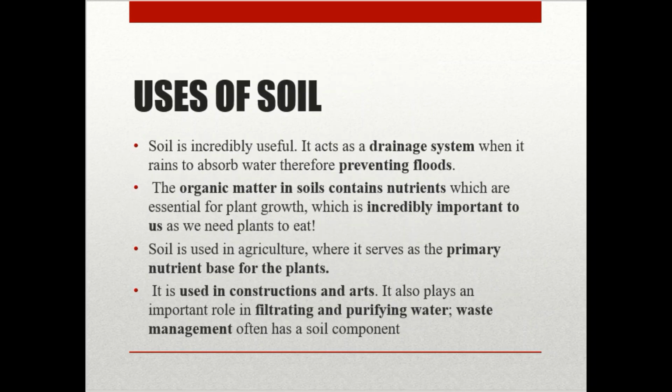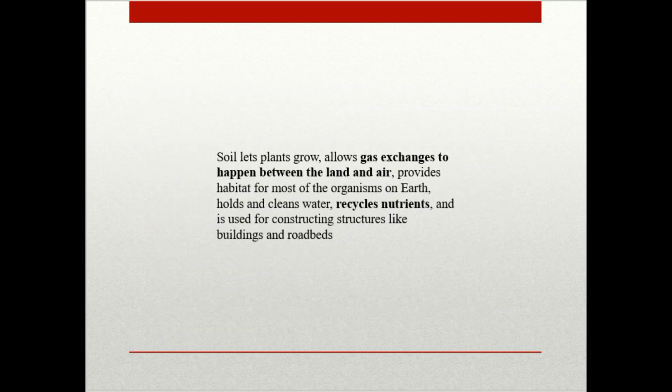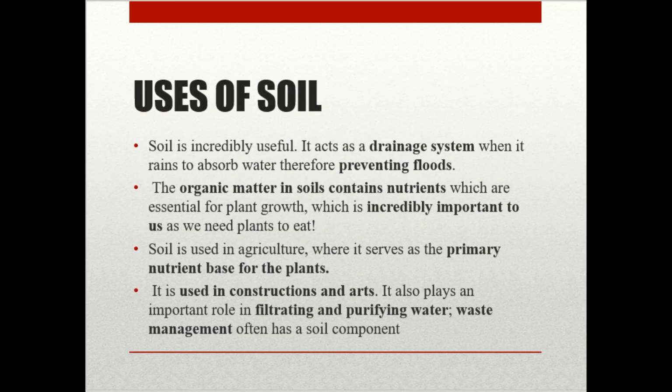Uses of soil. Soil is incredibly useful. It provides a drainage system and in this way it helps in prevention of floods. The organic matter in soil contains nutrients which are essential for plant growth. Soil is used in agriculture where it serves as the primary nutrient base for plants.